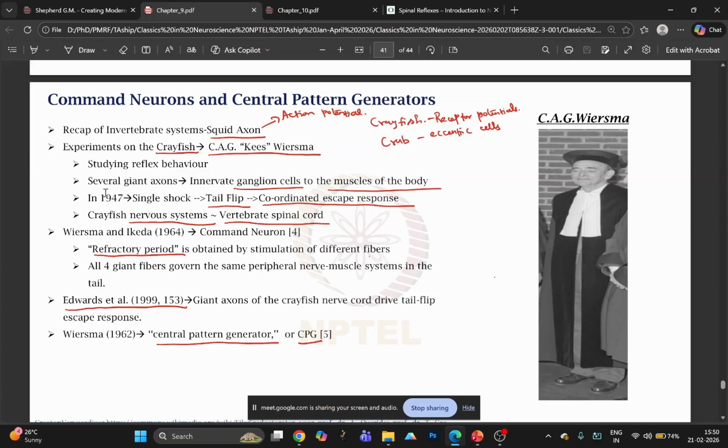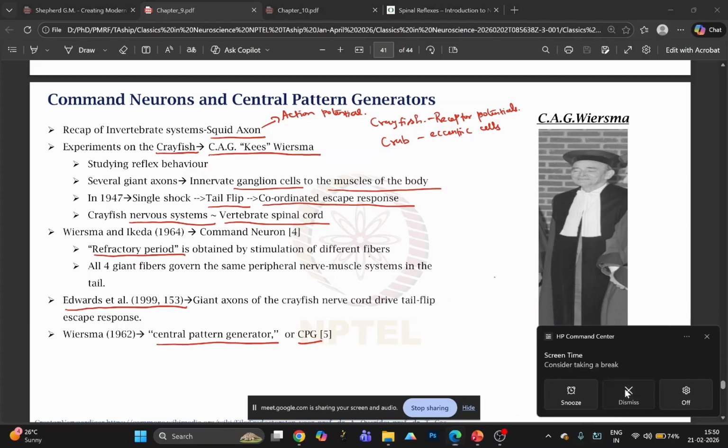So, in 1947, when he gave a single shock to a certain axon, he saw that there is a tail flip. So the crayfish has a tail, which he saw suddenly flipping when he was giving a single shock to a single axon.